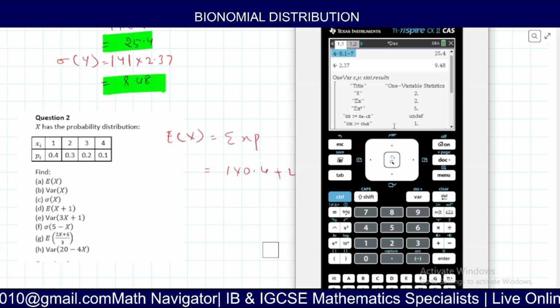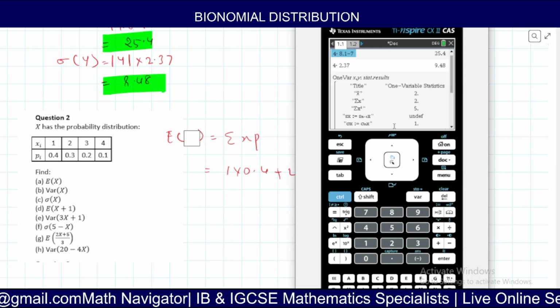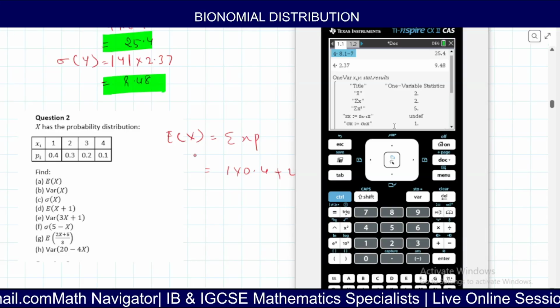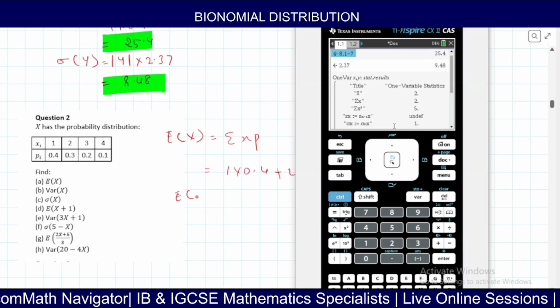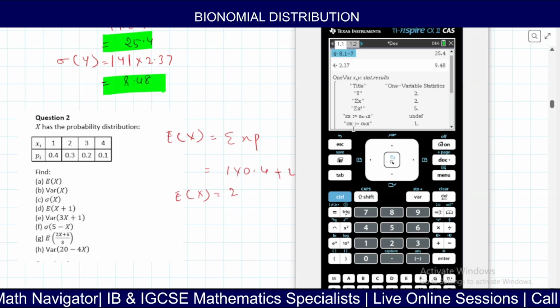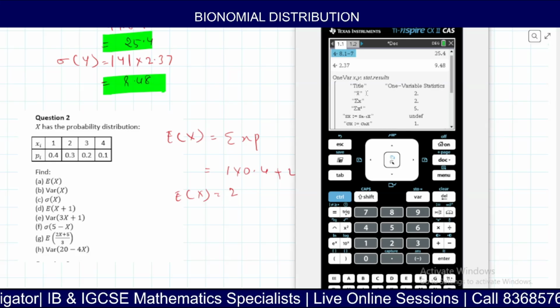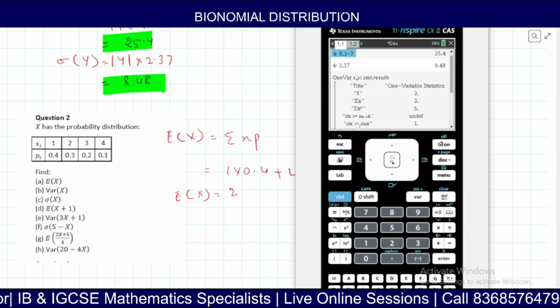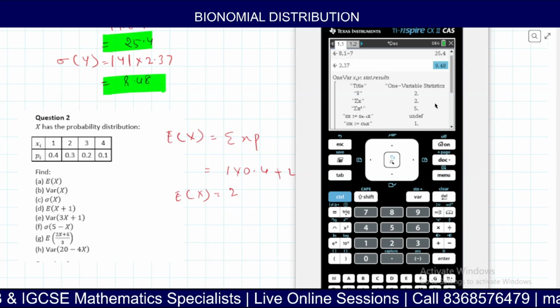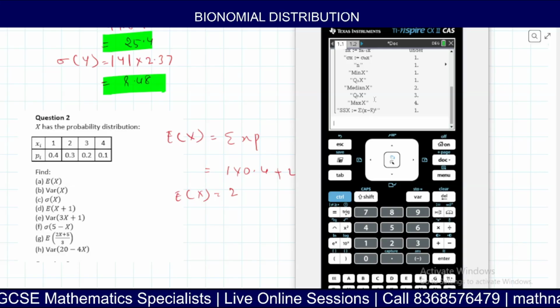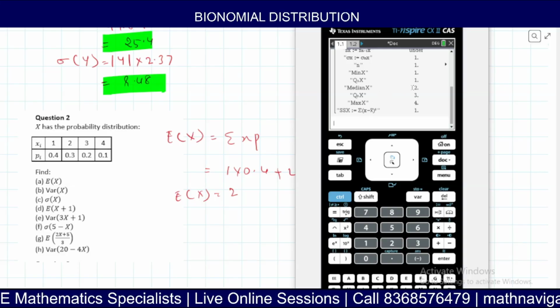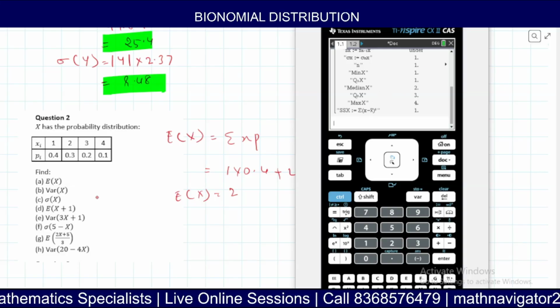So expectation of X is equal to 2, and then I have sigma X equal to 1.